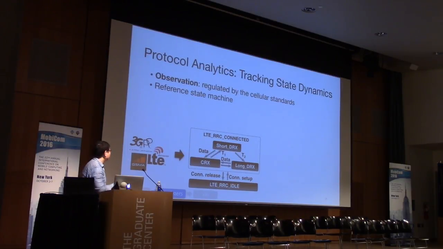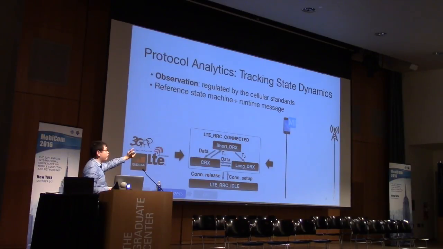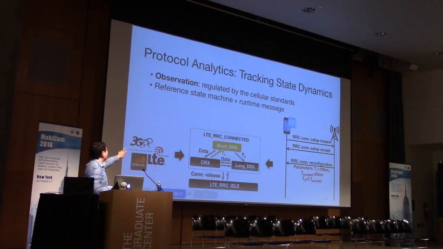Then, at runtime, since we already get the runtime cellular messages from our monitor, we can feed these runtime messages to this reference machine. This way, we can get exactly the current state, the state transitions, and the transition conditions. This is actually the ground truth of the protocol.